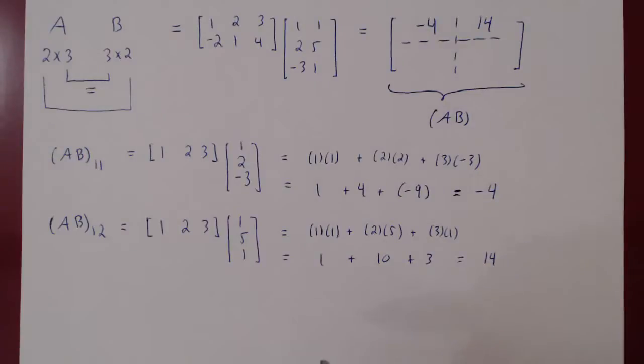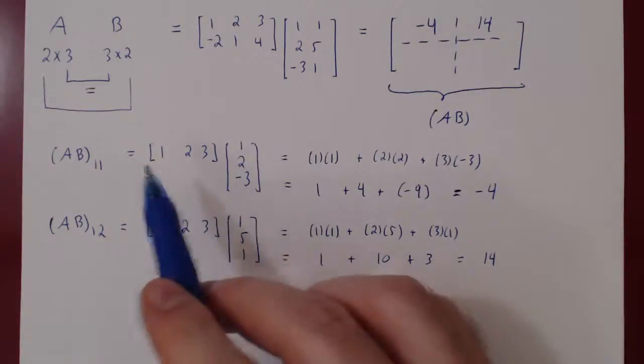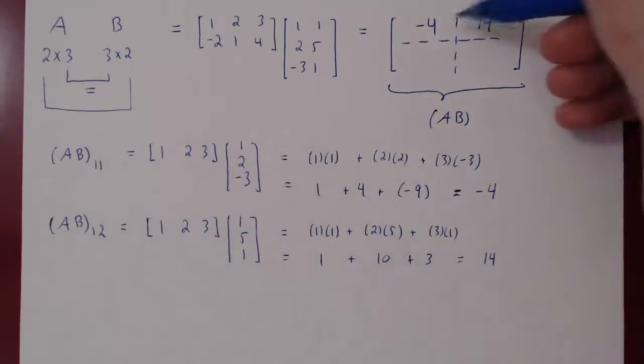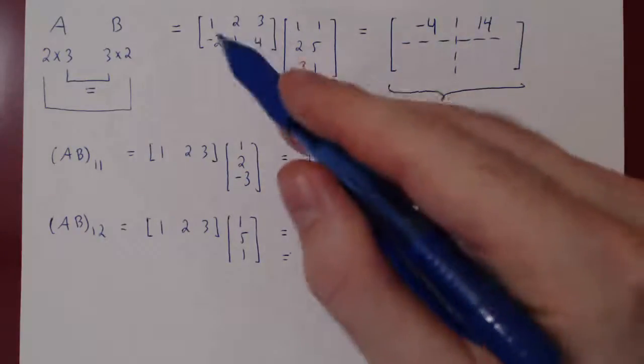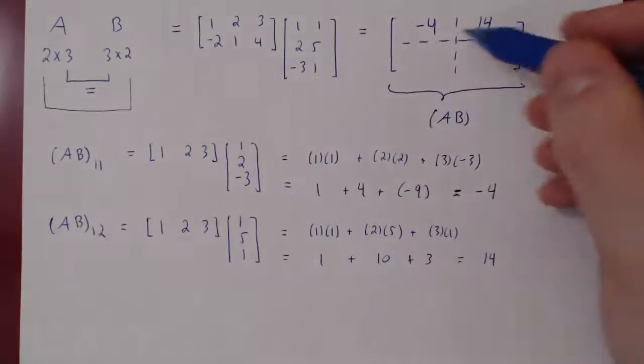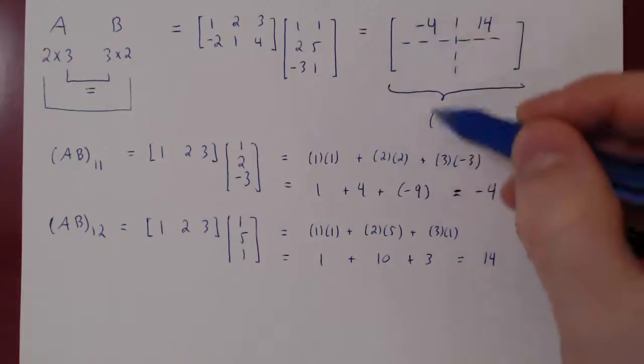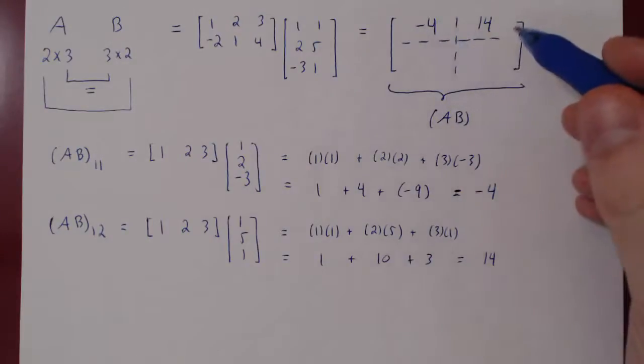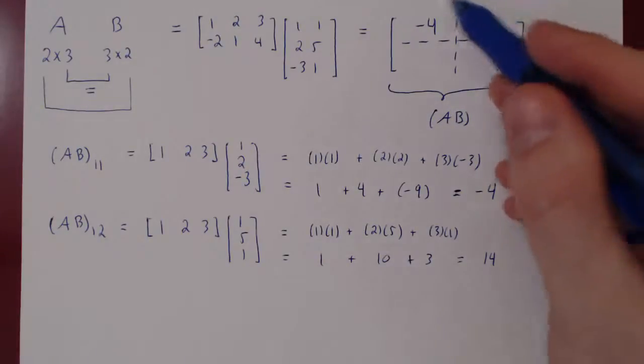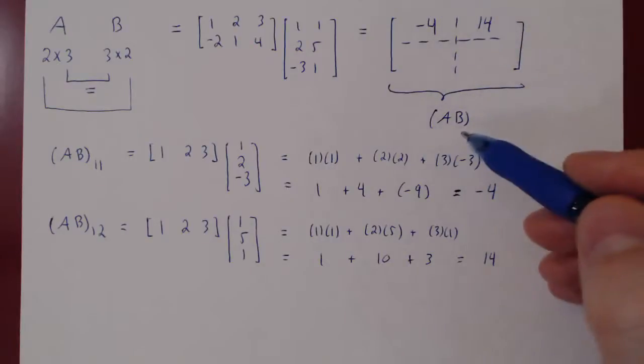And if you notice, and this is what we will take advantage of very shortly, when you multiply a matrix A times B, always build the new matrix one row at a time. You see, how did we construct the first row of AB?